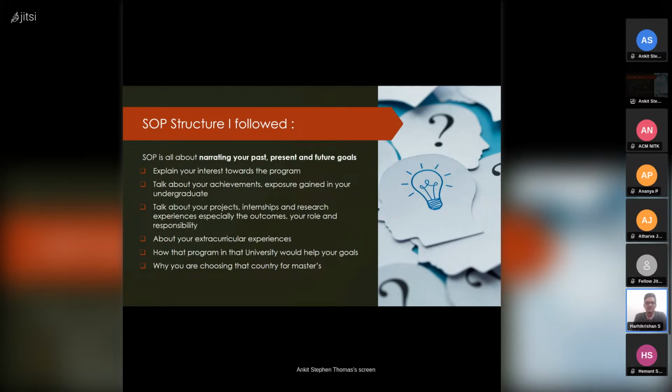First, try to give your explanation about your interest towards the program, and talk about your achievements and whatever exposure you gained in undergraduate, especially your academic exposure. Then talk about your projects, internships, and research experience, especially their outcomes, your role, and the responsibility you gained from those specific internships.